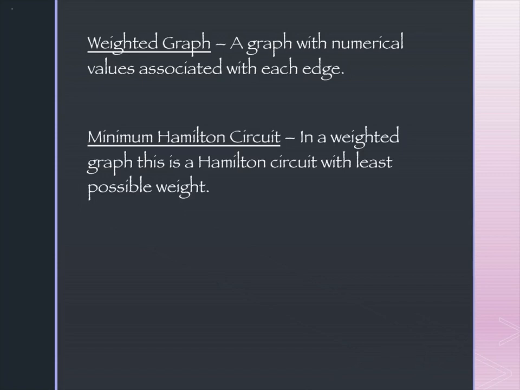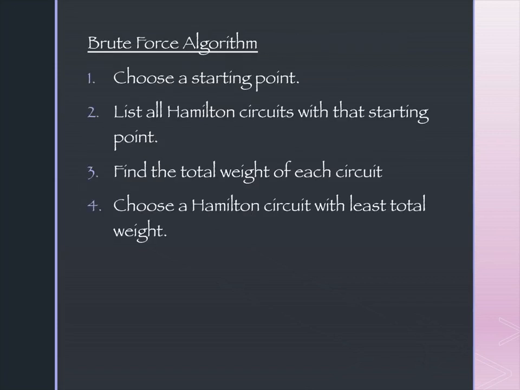Now, the ones we're going to work with are just going to have numerical values assigned to them, representing some kind of a quantity. They're not going to be defined for us. But our goal is going to be to try to find a Hamilton circuit of minimum weight. There's one algorithm, and this is a messy one, but it's called the brute force algorithm.